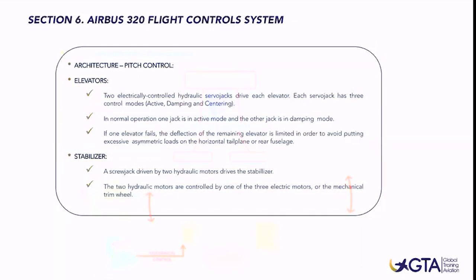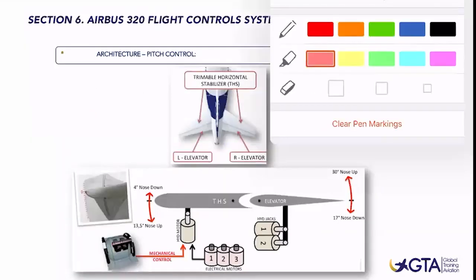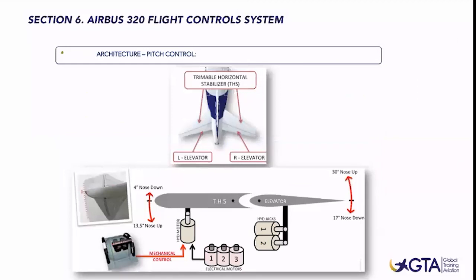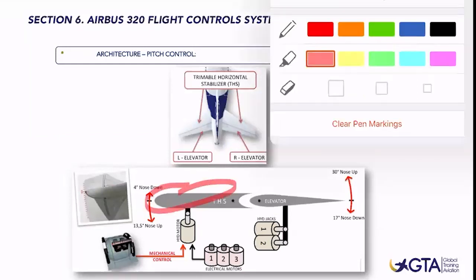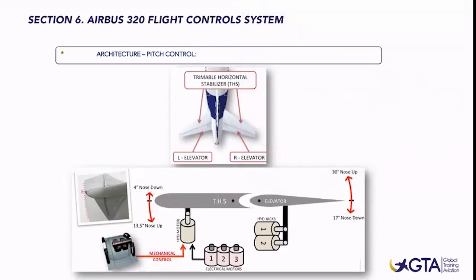What we define in this slide regarding our pitch control is that the THS, trimmable horizontal stabilizer, will be moved by these 2 hydraulic motors, which are controlled by 3 electric motors. And additionally, we can move the THS using the trim wheels.